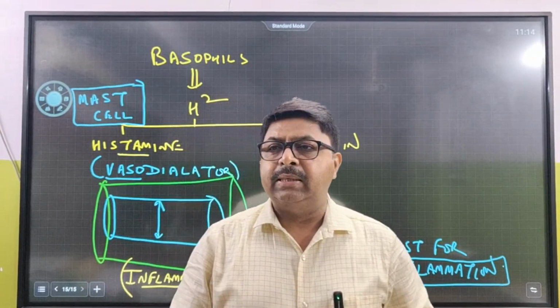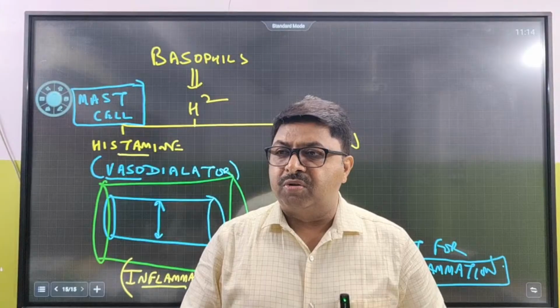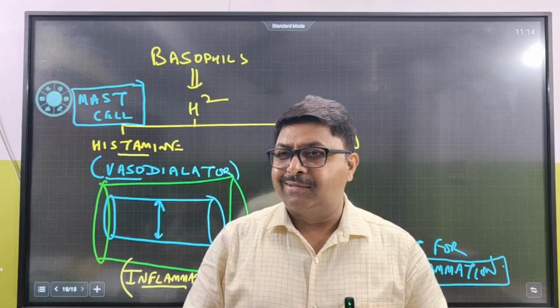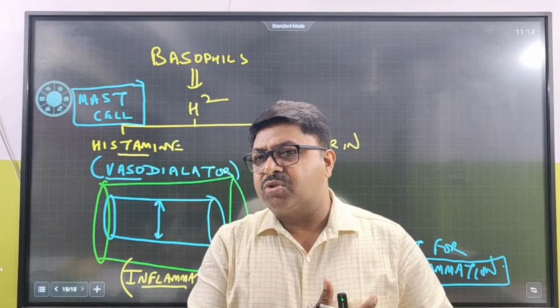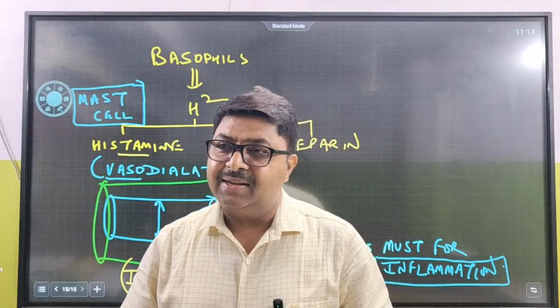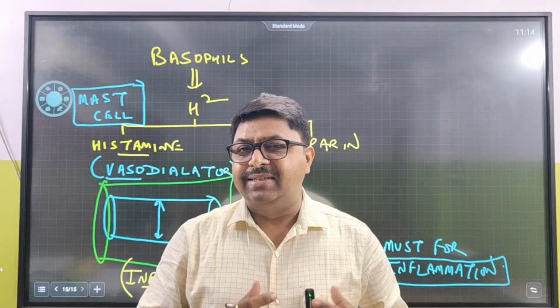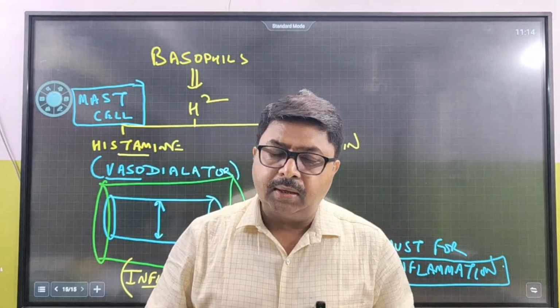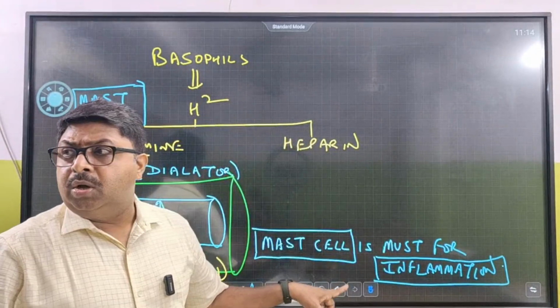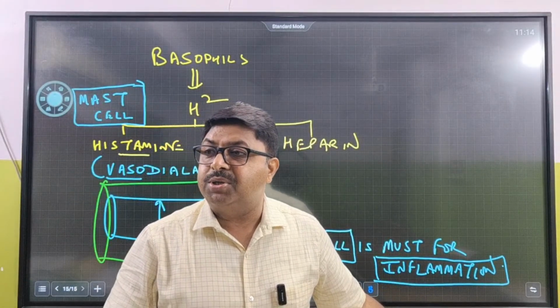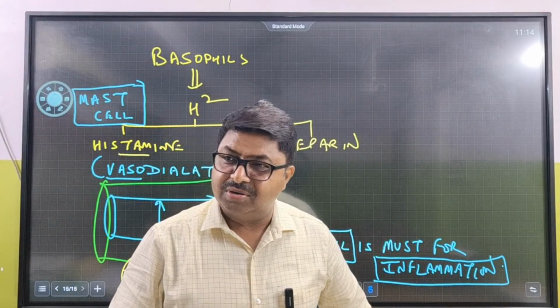When your cells fail to recognize the normal cells, start considering them to be antigens, fight against them and kill the healthy cells. That is called autoimmunity. In autoimmunity also, the problem is inflammation, and in that case inflammation is not good.